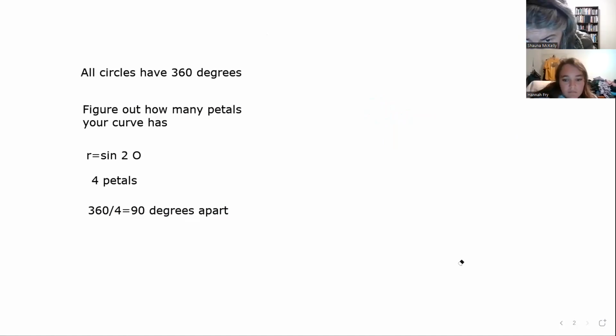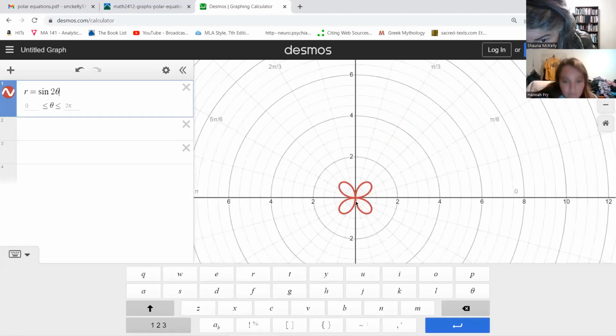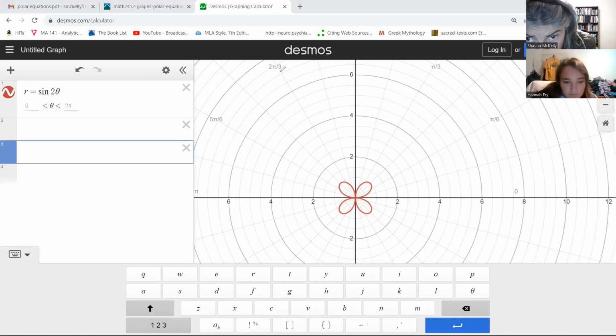So here's sine. I'm going to annotate here. This is where the center of my petal is, somewhere on this ray.